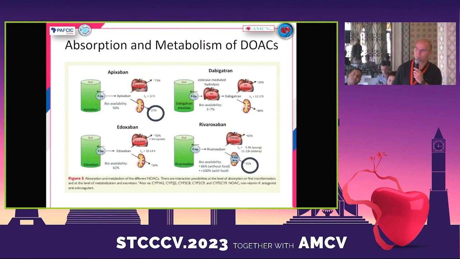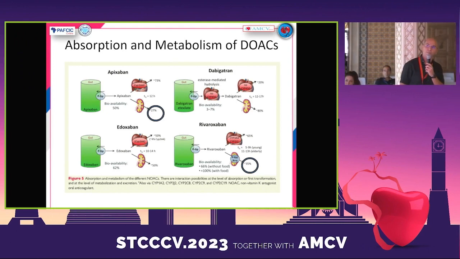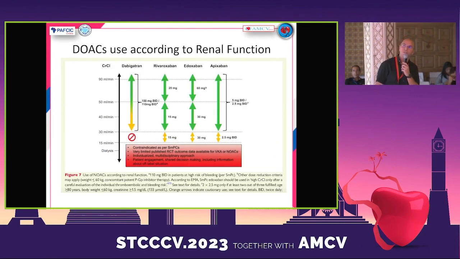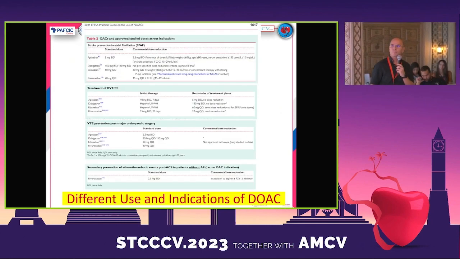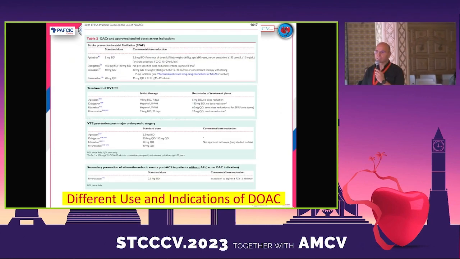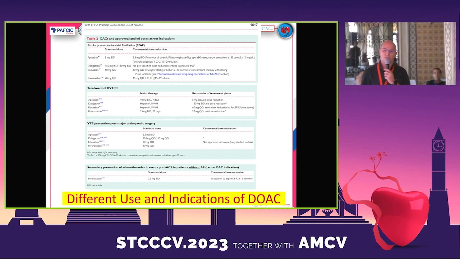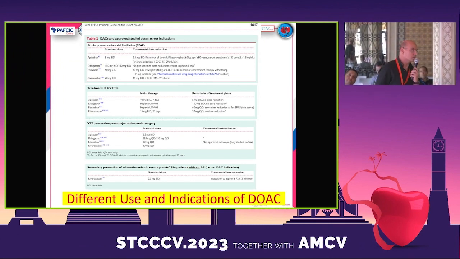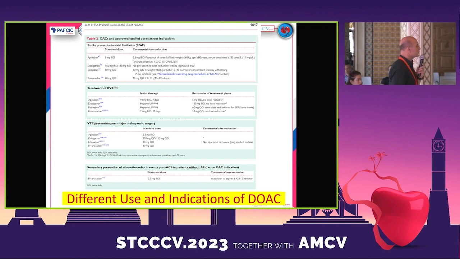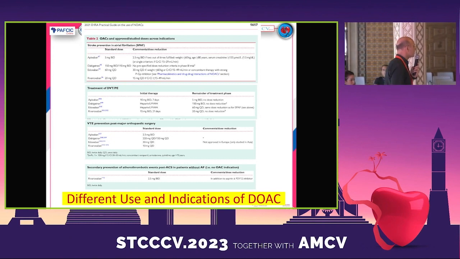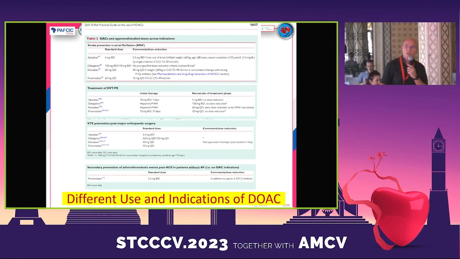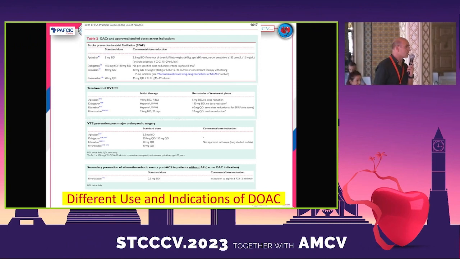Apixaban and rivaroxaban have the lowest renal dependence of these drugs, and renal function also affects the dose to use. This slide is just to remember that DOACs are not only prescribed for atrial fibrillation. They are also prescribed for venous thromboembolism, for prevention, and even for vascular protection. But these are lower doses and they can easily be managed.